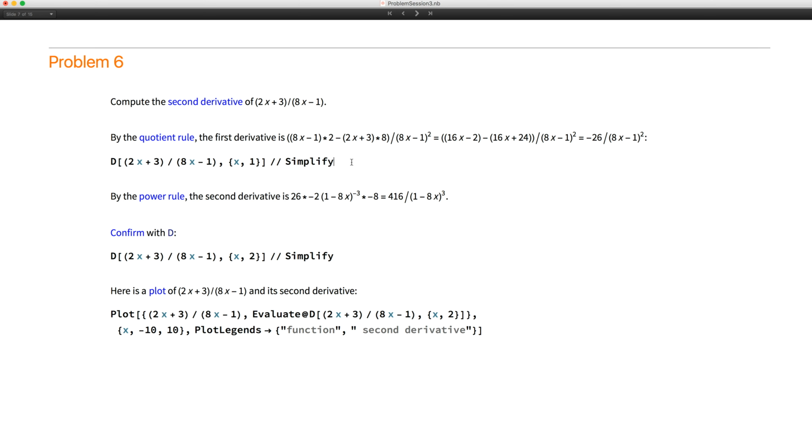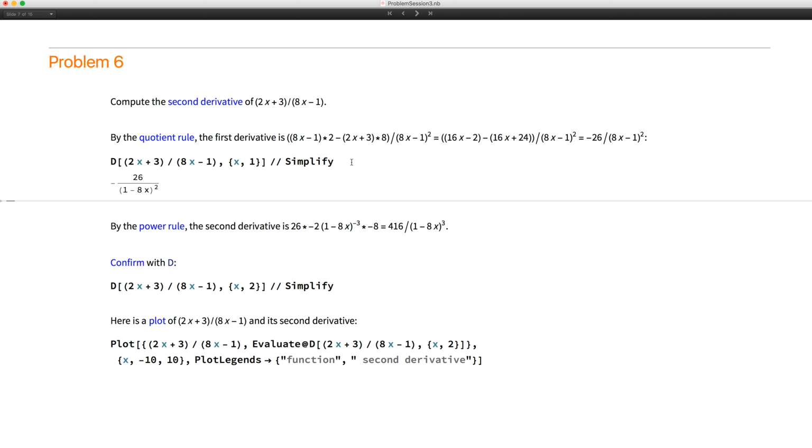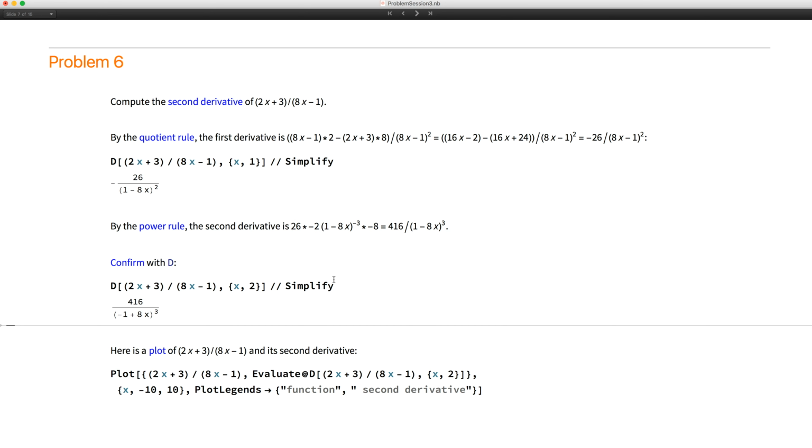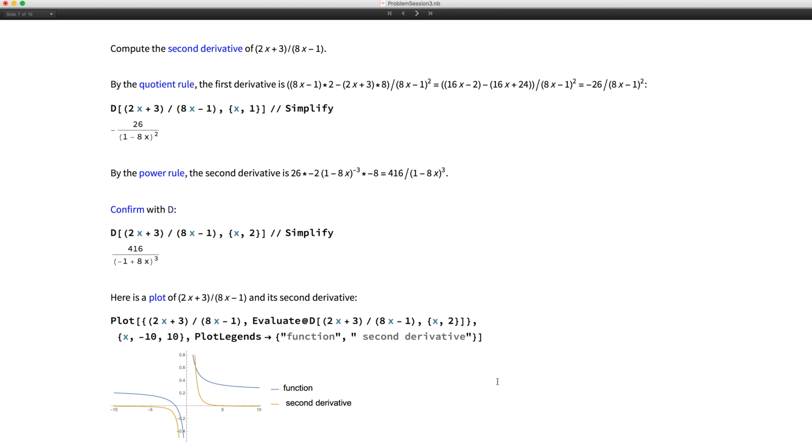You can check the answer with D for the first derivative. Then apply the power rule to the answer and you get back the second derivative, and you can confirm the answer with D and check that you get the same result. Here's a plot of the function and its derivative.